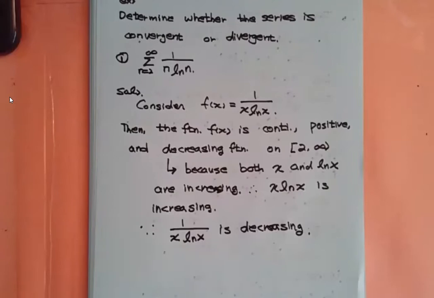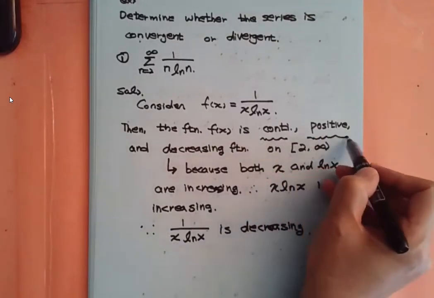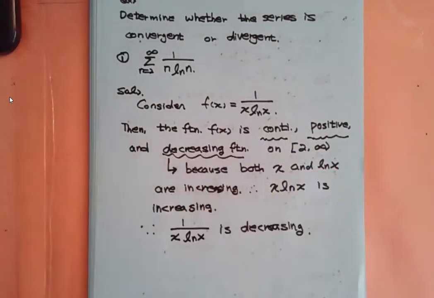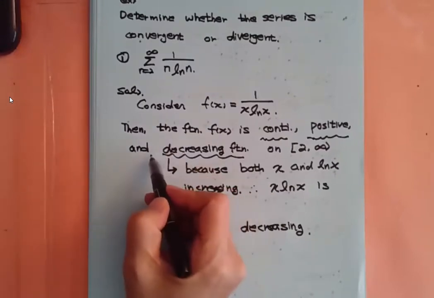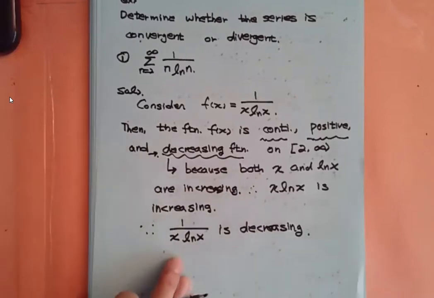Always remember that when you apply the integral test, there should be an explanation about the conditions to apply the integral test. And so we discussed continuous, positive, and decreasing. Especially this condition should be verified.